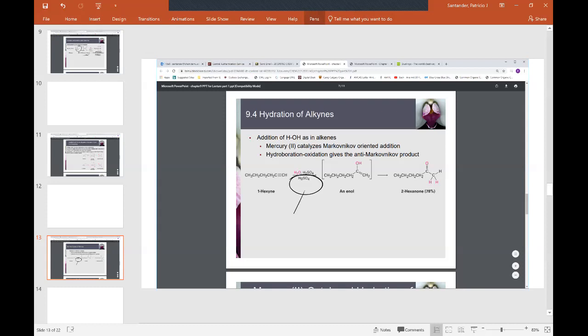In this case, instead of using mercuric acetate, we are using mercuric sulfate. And then the other method is a non-Markovnikov process that involves reaction with borane in the first step, and then in the second step reaction with hydrogen peroxide under basic conditions.